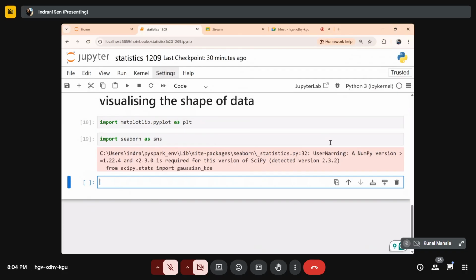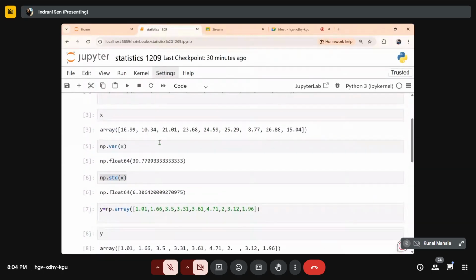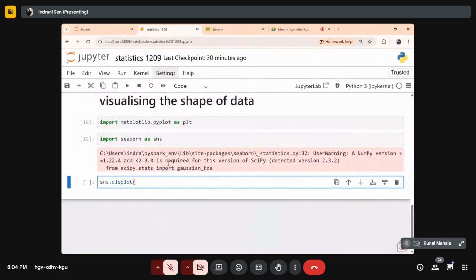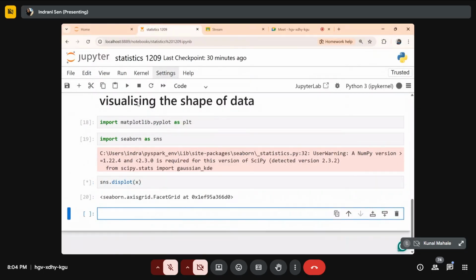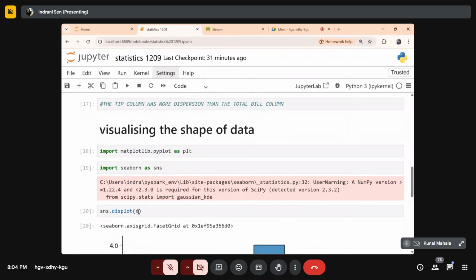Okay, now I'm going to do the univariate analysis. So what I'm doing is a plot called distribution plot. So SNS dot dist plot. I'm just using this X. You can see this shows a histogram, but I want to get a visualization.